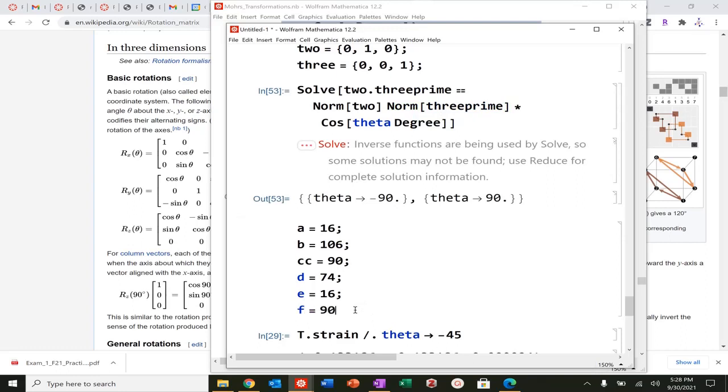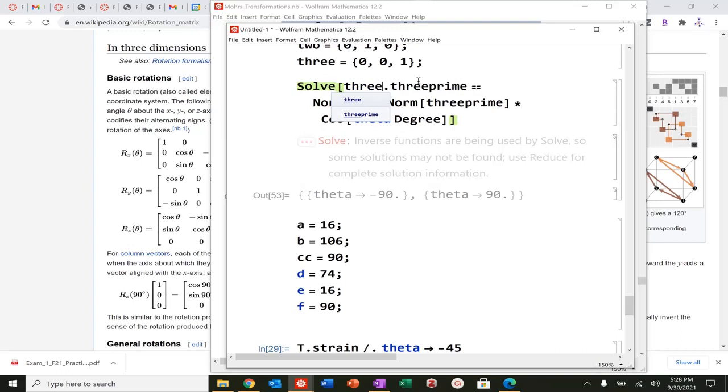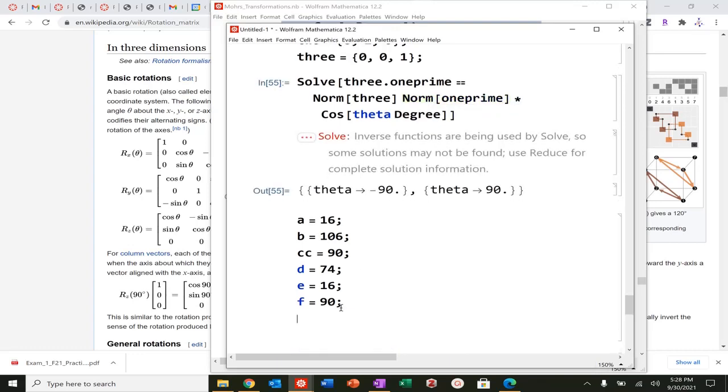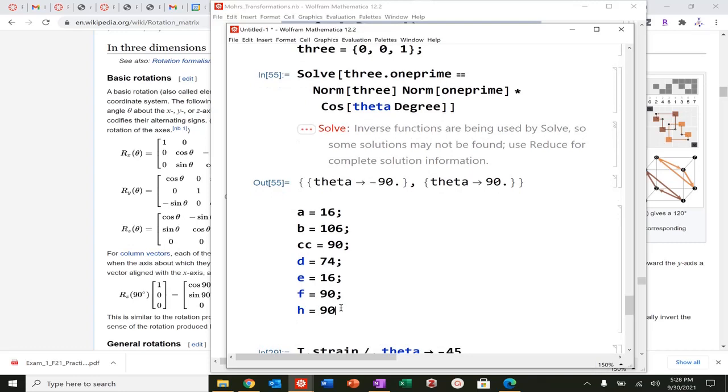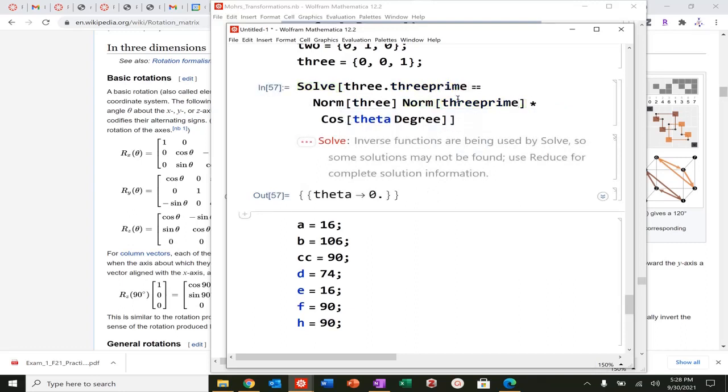90, and I think that 3 and 1 prime. These should all be 90. A, B, C, D, E, F, G, H equals 90. 2 prime, 90, and then 3 and this will be 1, 0.